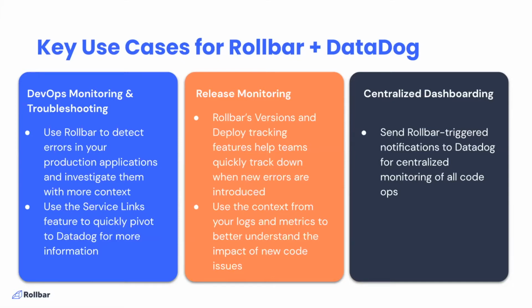Those errors that do happen in production are always going to be your highest priorities. So having a lot of information about those, triggering notifications so that folks are made aware of these things as soon as they arise, helps shorten the mean time to awareness and resolution as well.